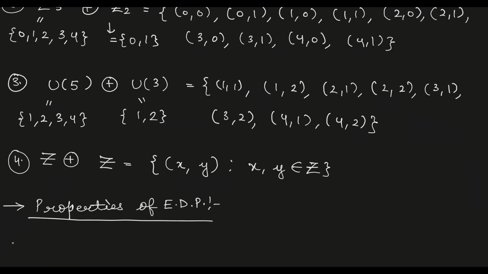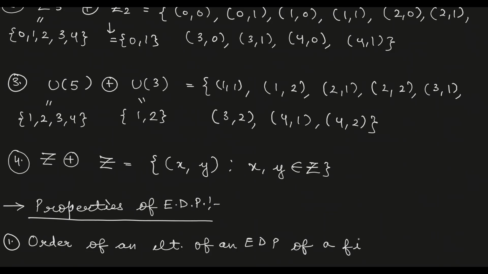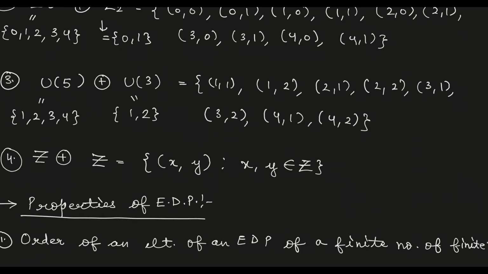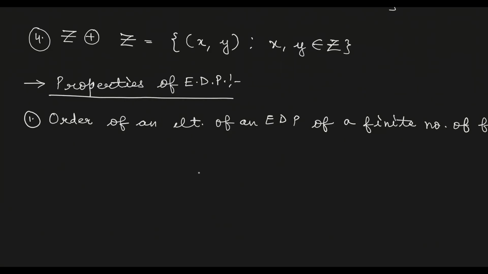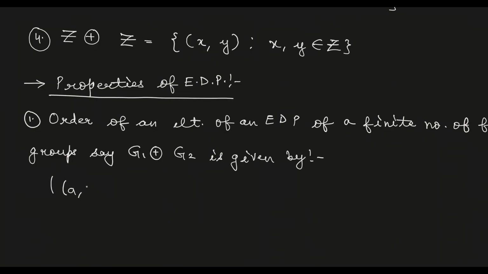First property, order of an element of an external direct product of a finite number of finite groups is given by order of (a, b).